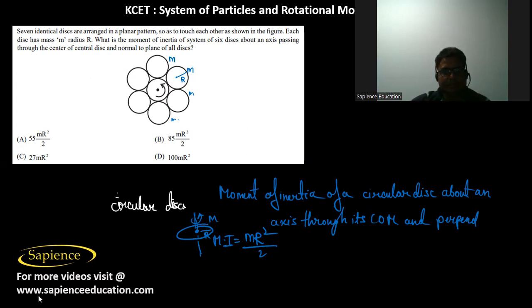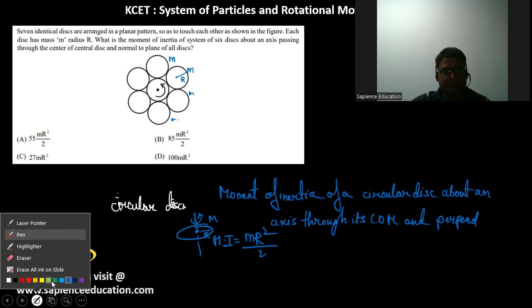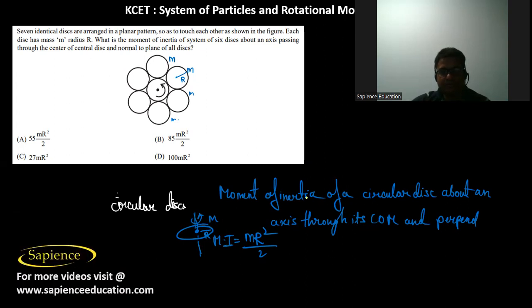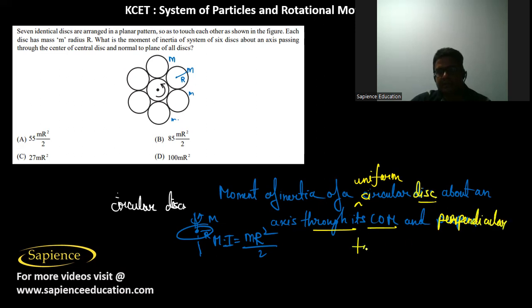The rule is that the moment of inertia of a uniform circular disk about an axis through its center of mass and perpendicular to its plane is given as mr square by 2.